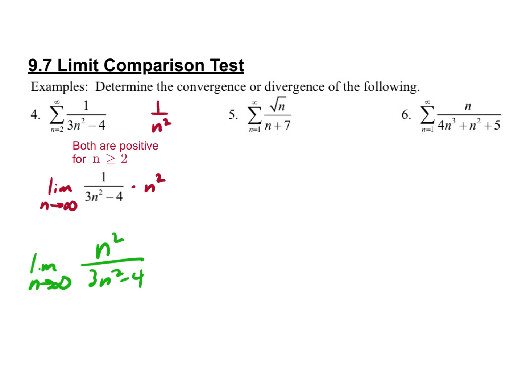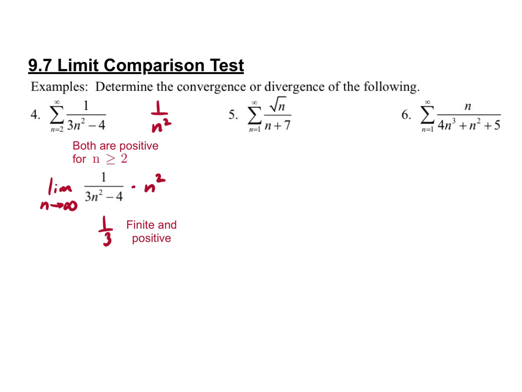We just focus on the leading coefficients of the highest order powers or terms. Well, that's basically n squared over n squared. Those cancel out. It's just 1/3. Okay, simple limits. Right? 1/3 is finite and positive.